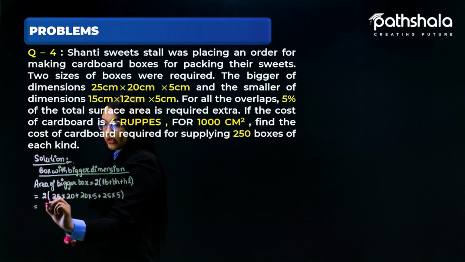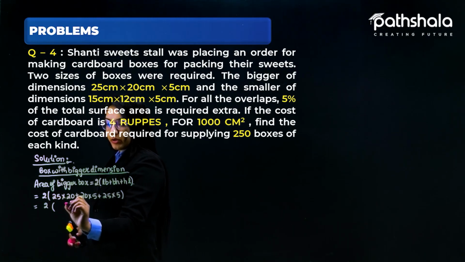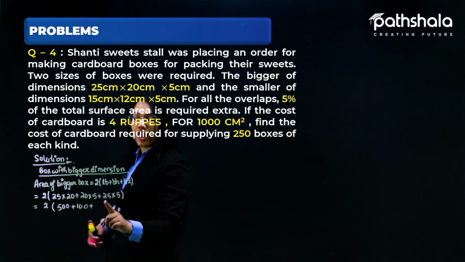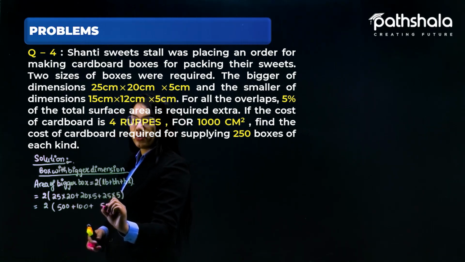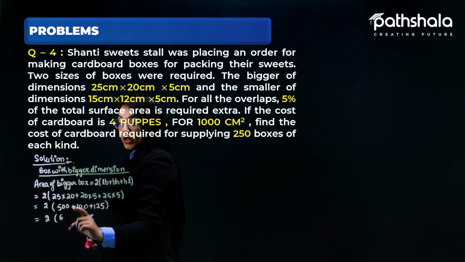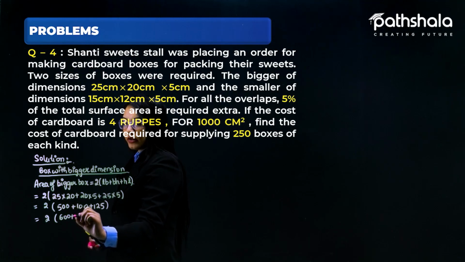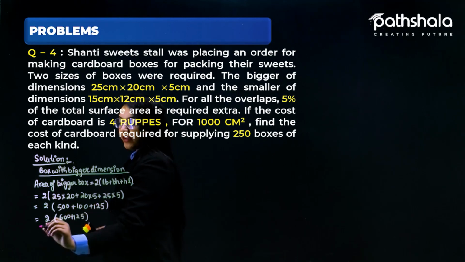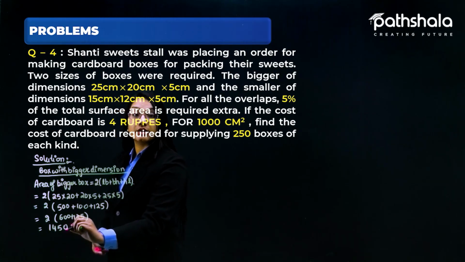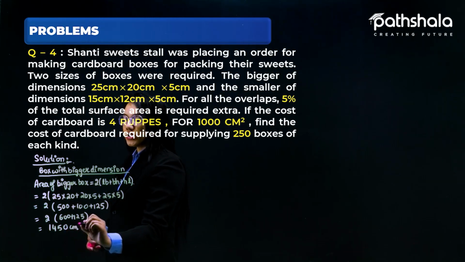So let's calculate this. This would be 2 into (500 plus 100 plus 125), since 25 into 5 is 125. The value that we are getting is 600 plus 125, which means 725. So at the end we are getting 1450, and the unit given to us is centimeter, so this is centimeter square.